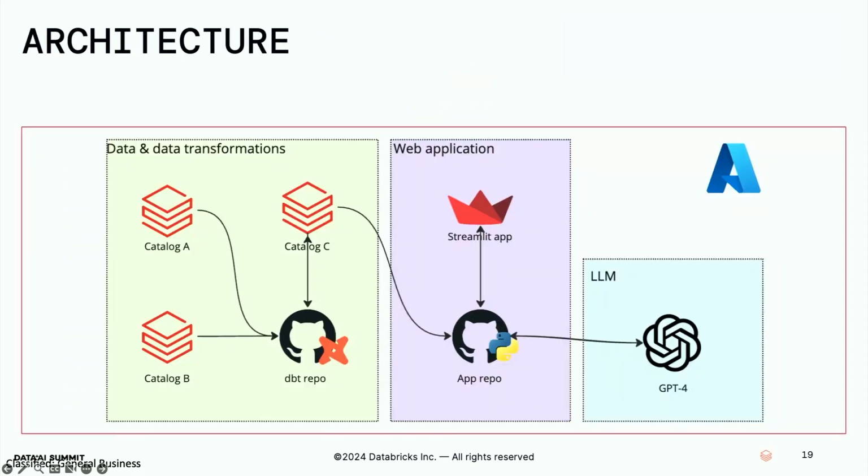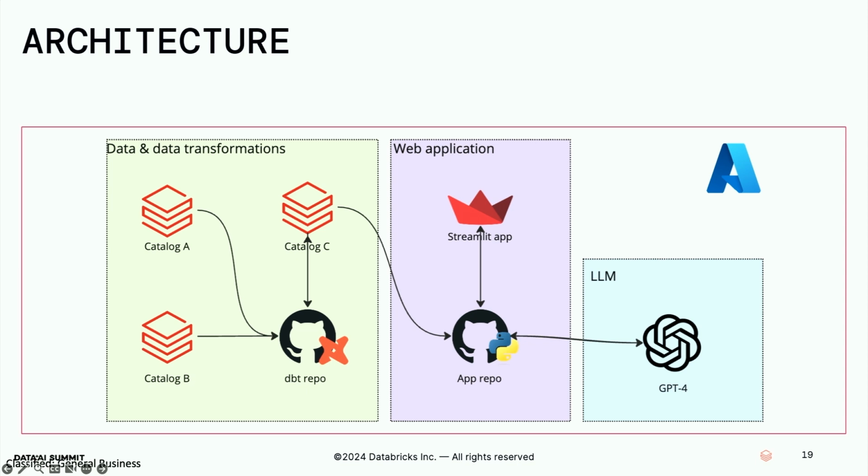So overall, the architecture for those kinds of solutions for us looks like this. In the middle, we have the Streamlit app that obviously lives in a GitHub repo. And on the left-hand side, we have everything that happens in our Databricks lakehouse. We use dbt for all data transformations.